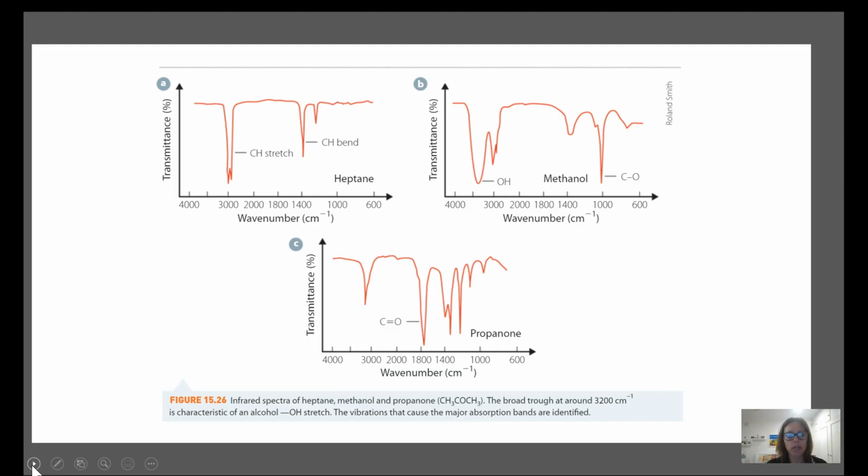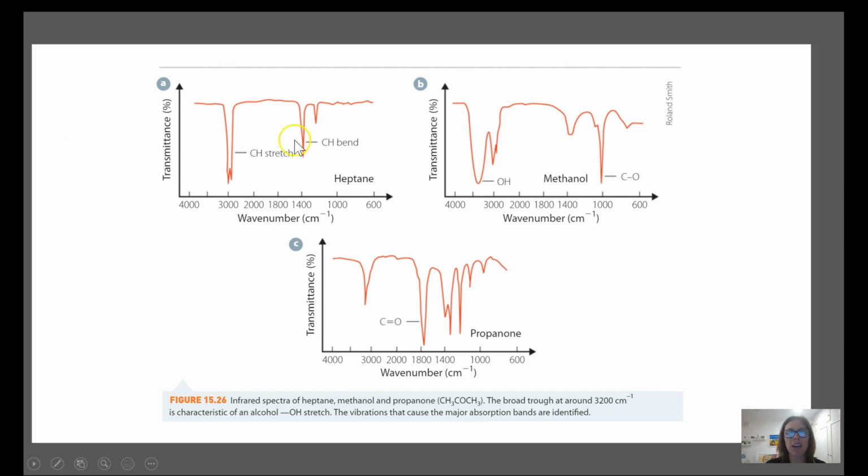But what we can often do here is pick out certain things that we know exist. So of course we're dealing with organic chemistry, so we are going to see CH bonds, so they're not overly helpful. We already know, or pretty much know, it's organic. I suppose the presence of the CH bond is useful if we don't, but if we know it's an organic substance, it's not telling us a great deal of information.